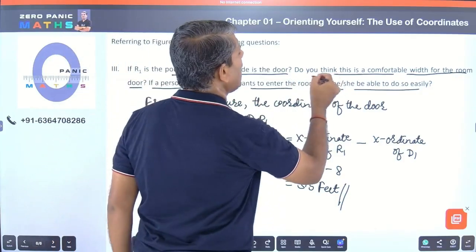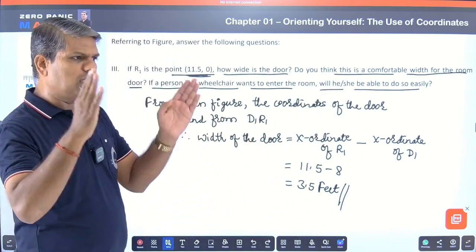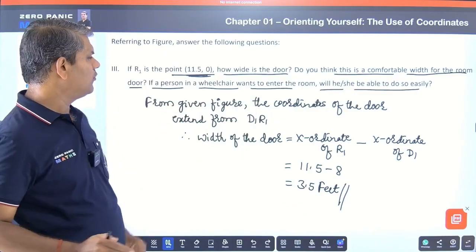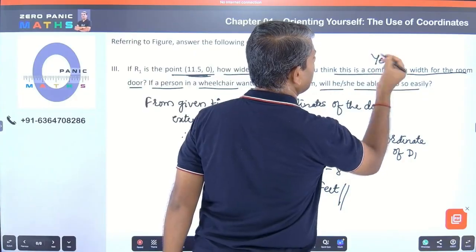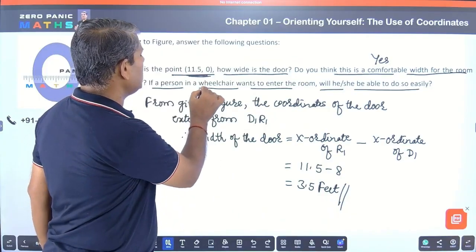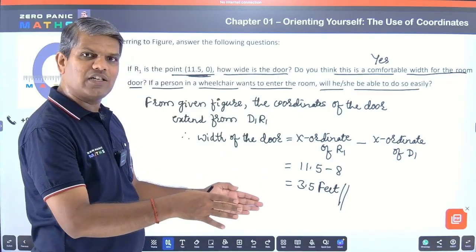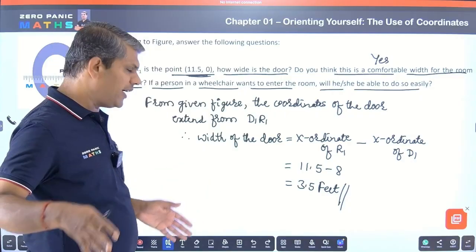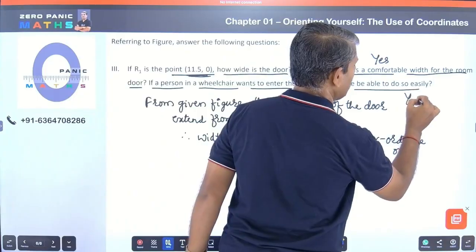The second question: is this comfortable? For any door, 3.5 feet is a comfortable width, so you can simply write yes, it is comfortable. And if a person with a wheelchair can enter that room with a 3.5 width door, it is possible, so you can say yes for this also.